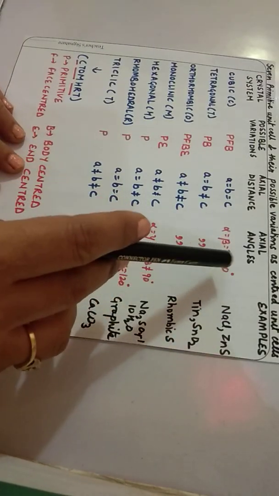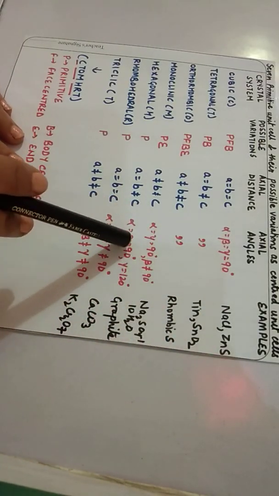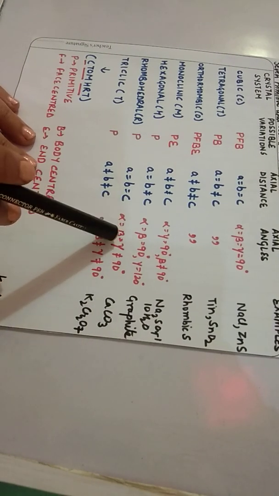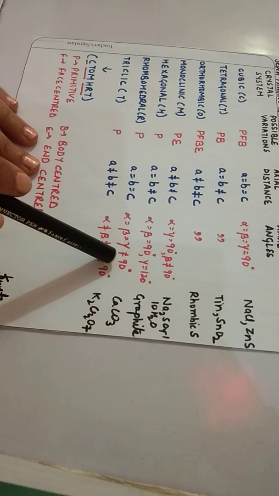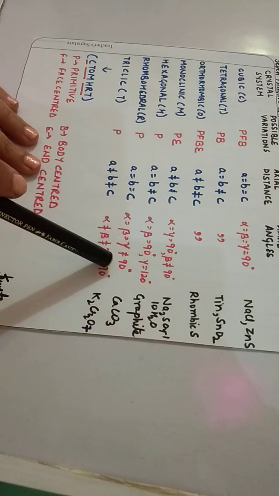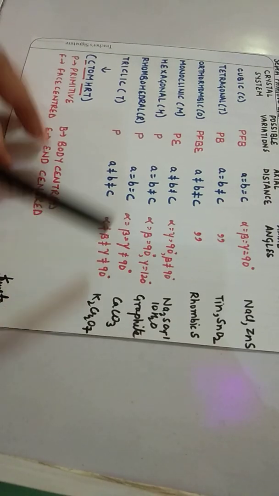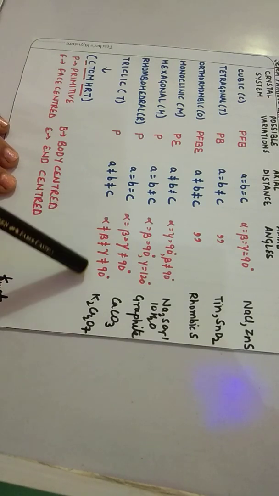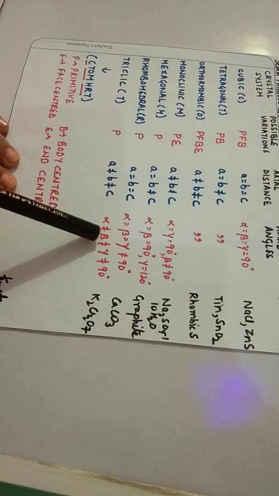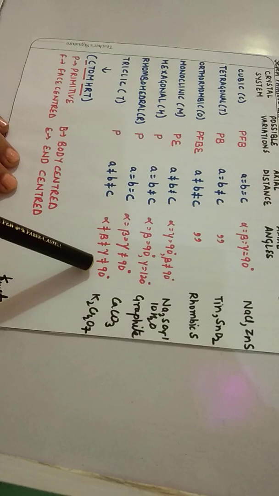Till now, everything was equal to 90 degrees, but in the second last, all the three axial angles are equal, alpha equals beta equals gamma, but they are not equal to 90 degrees. And in the last one, none of the angles are same. They all are different and not equal to 90 degrees. So alpha not equal to beta not equal to gamma not equal to 90 degrees.